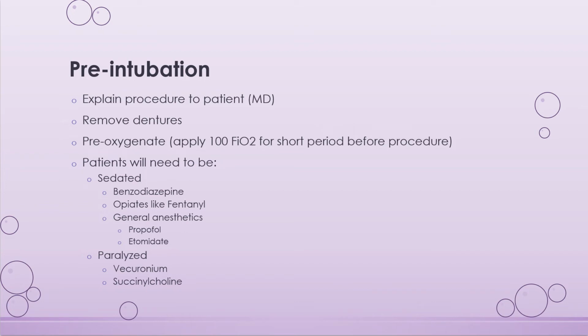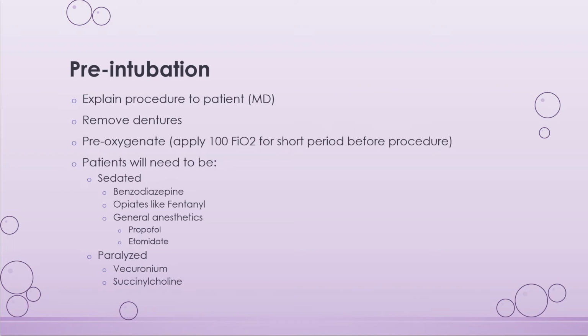Most of the time we sedate them with something like a benzodiazepine, lorazepam, diazepam, an opiate like fentanyl, or a general anesthetic, propofol or etomidate. And then they get paralyzed, vecuronium or succinylcholine. So why are these listed? If you know you have to sedate the patient first and then paralyze them, then you should know the difference between the medications.